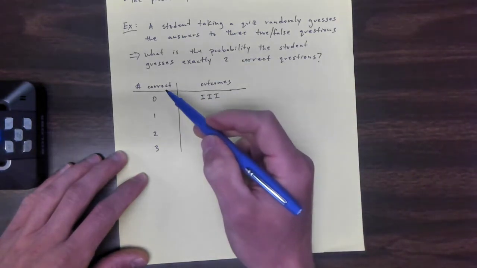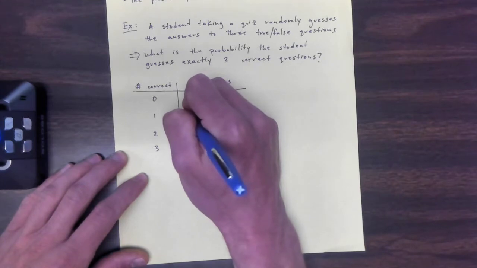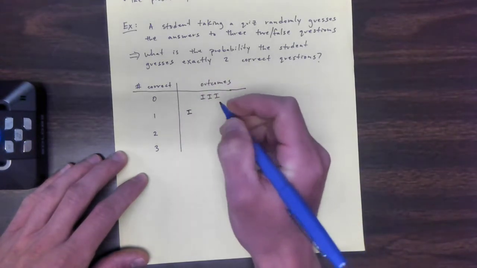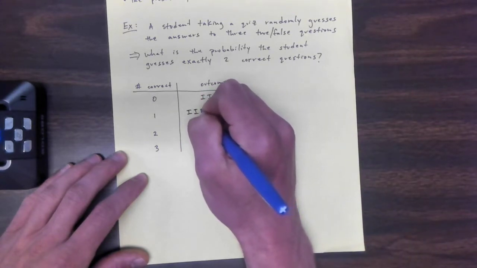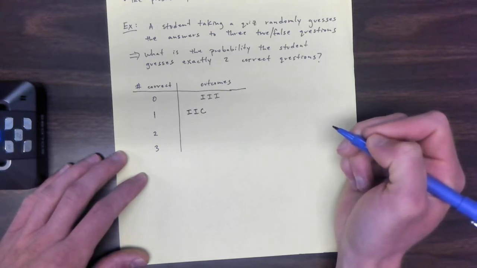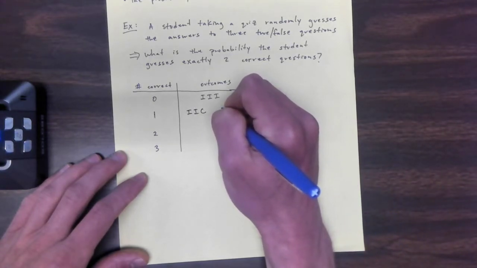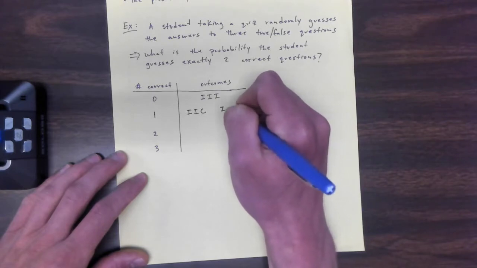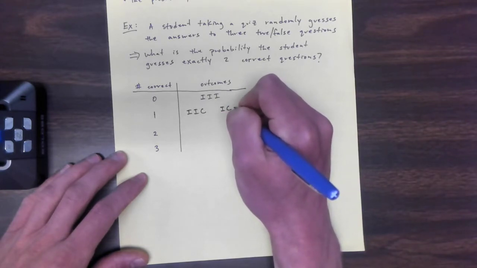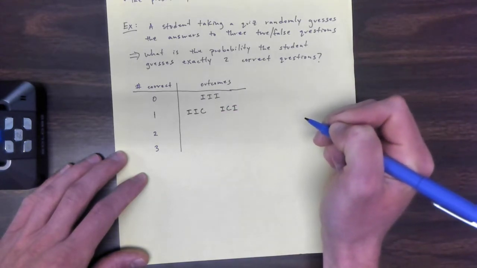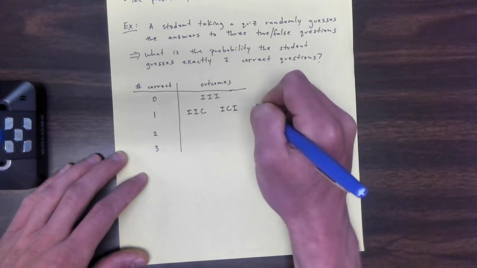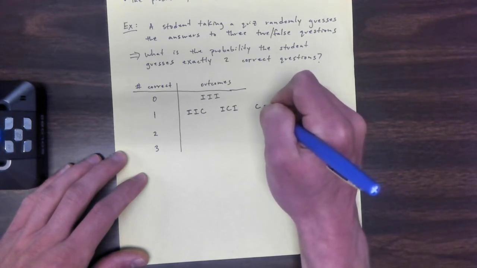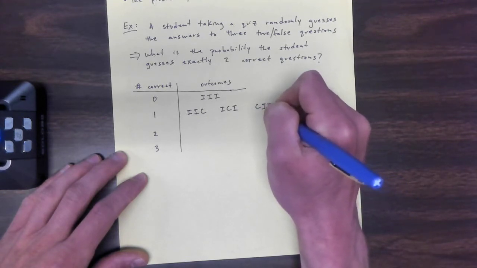If this person got one correct, maybe they got the first question incorrect, the second incorrect, but the third and final question correct. There could be another case where they got the first question incorrect, second correct, third incorrect. Finally, they could have gotten the first question correct, and the second and third incorrect.